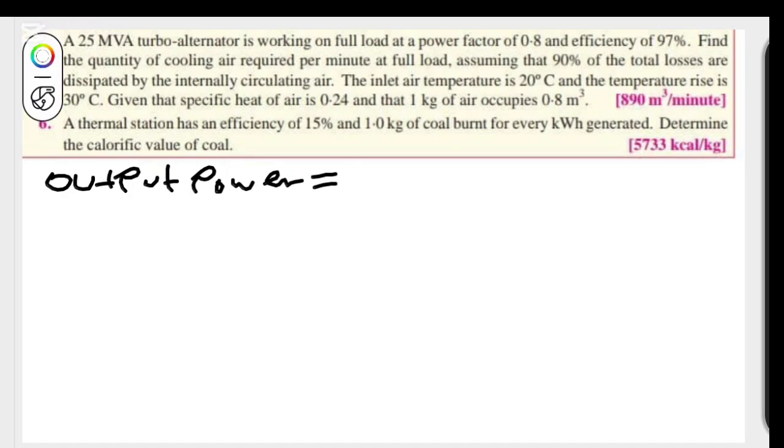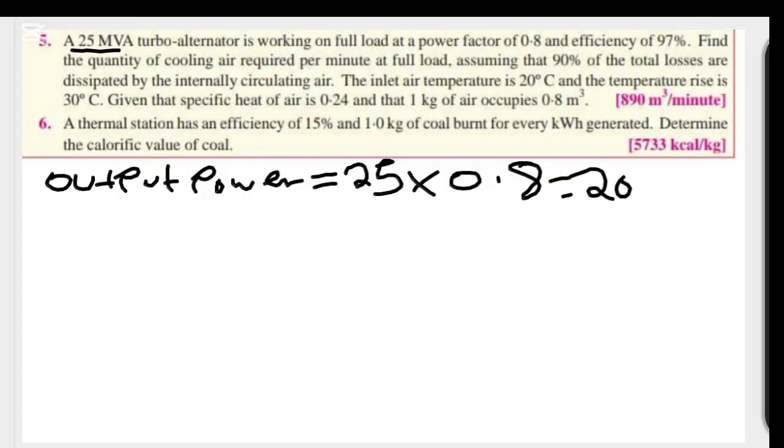It is the same thing as, we all know, we have the 25 megawatt multiplied by 0.8, which is the power factor. As you all know, it is the same thing as 20 megawatt.